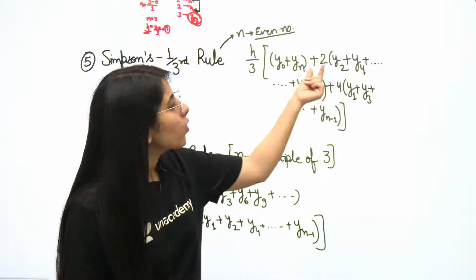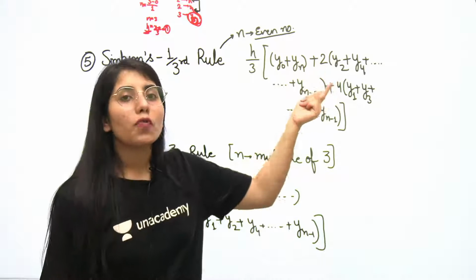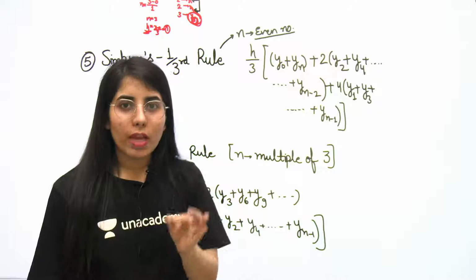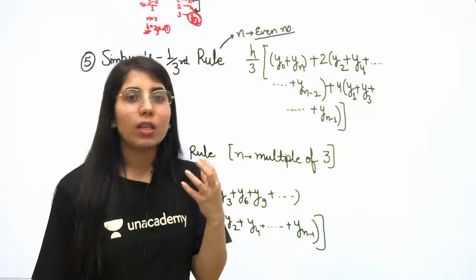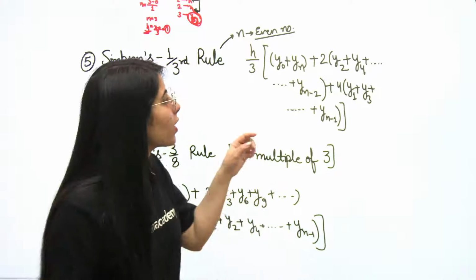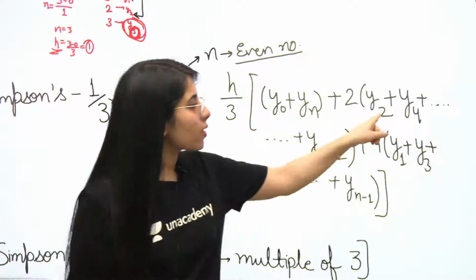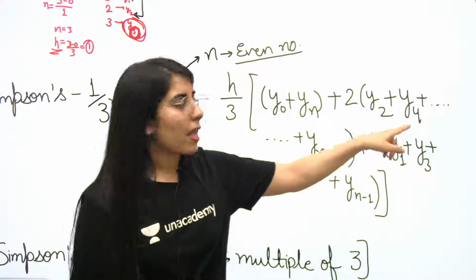So have a look at this. 2 into sum of the y values which are located at the position of the values which are going to come in the table of 2. So have a look at this. 2 1s are 2, 2 2s are 4, 2 3s are 6, so y2, y4, y6, like that.